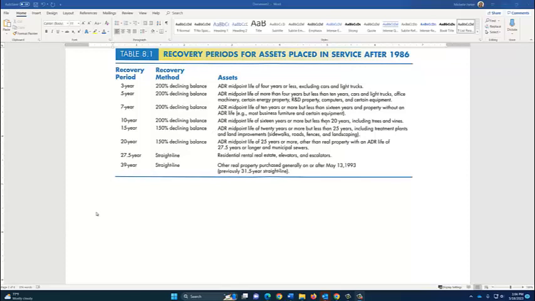If you look a little further down, you'll see that residential rental real estate is depreciated over 27.5 years, and then other real estate like office buildings, warehouses, things that are not residential are depreciated over a 39-year period.